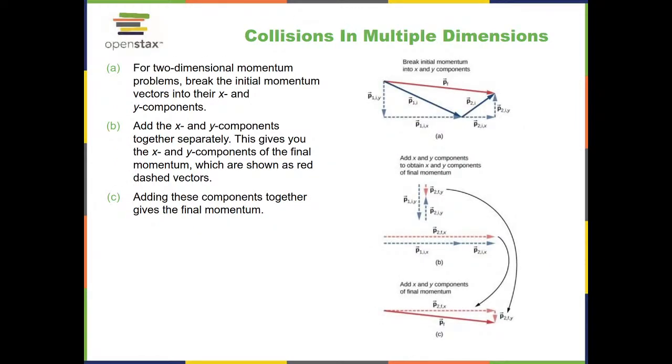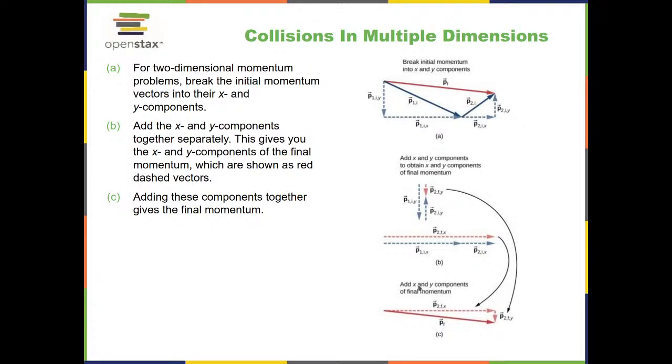Now we're going to look at that in multiple dimensions. We're going to have a total initial momentum that has x, y, and potentially z components. Actually, in quantum mechanical systems there are often 4-momentum vectors, so they have 4 components. In each of the components, the momentum will have to be conserved independently.